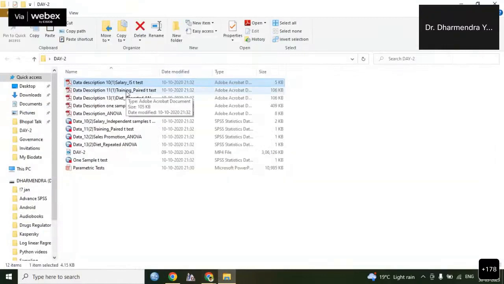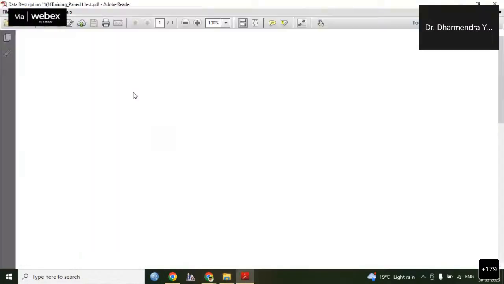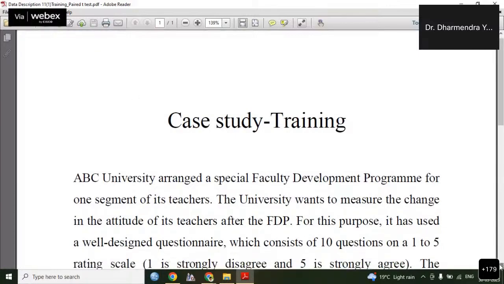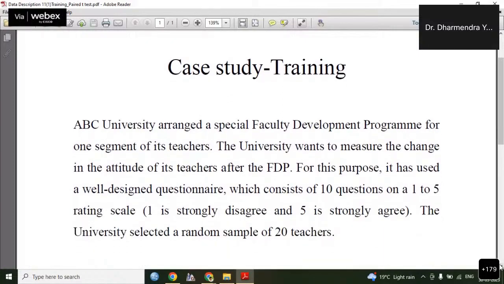So we have another t-test. This is our training data, because when you go for an FDP or training or anything, we check whether there is any significant change in your knowledge or skill after attending that workshop or development program. For that, we apply the paired t-test.